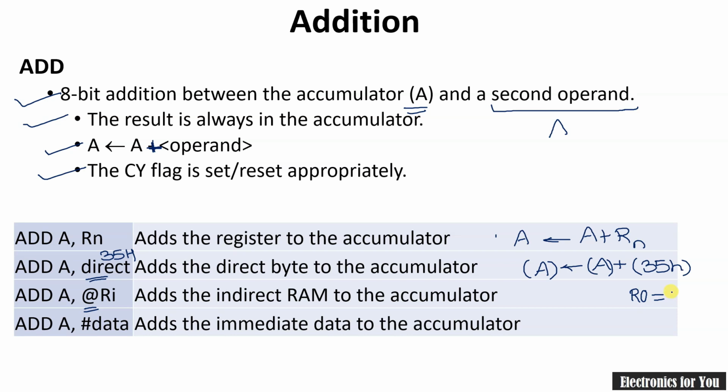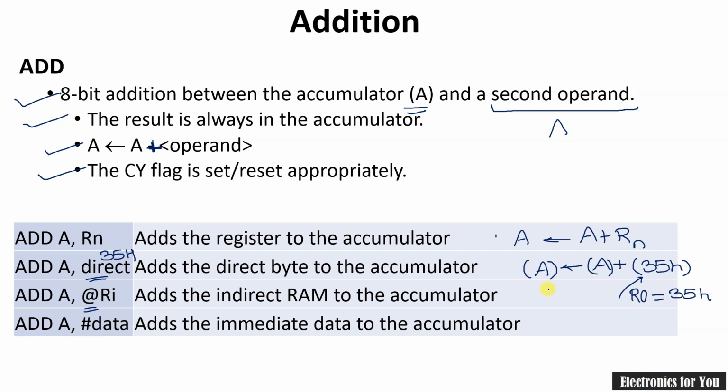Let us say that it is having 35H here. Now this R0 is indicating 35H indirectly, and if we use the instruction ADD A, @Ri, after this instruction the content of the 35H memory location indicated by R0 is added with the content of the accumulator and the result will be stored in the accumulator.